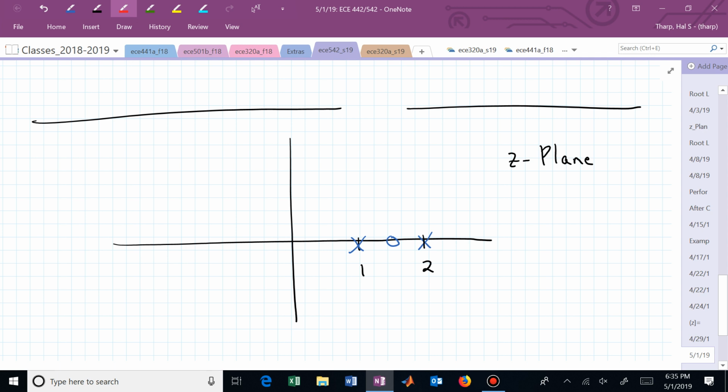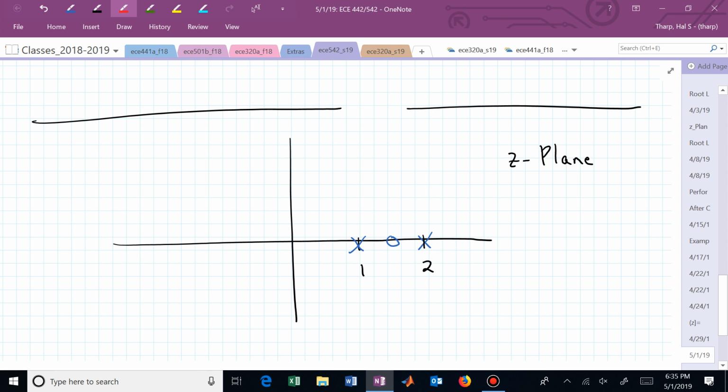Constraint 2: don't cancel open loop zero factors or zeros outside the unit circle. And the other one was, we can't cancel unstable poles with unstable zeros. That was rule number 3, really.